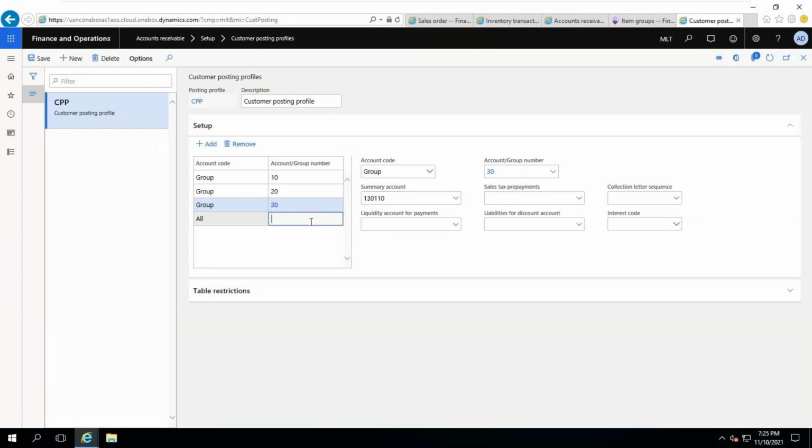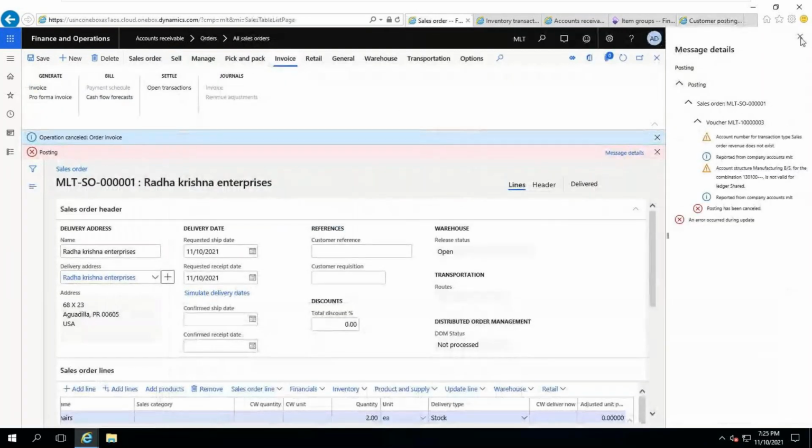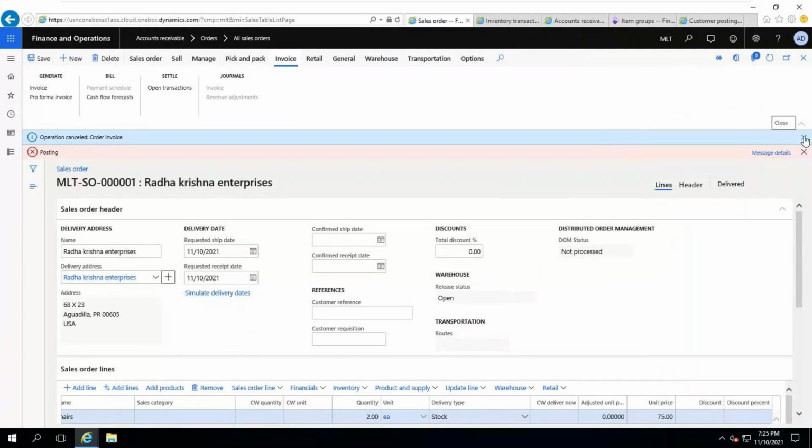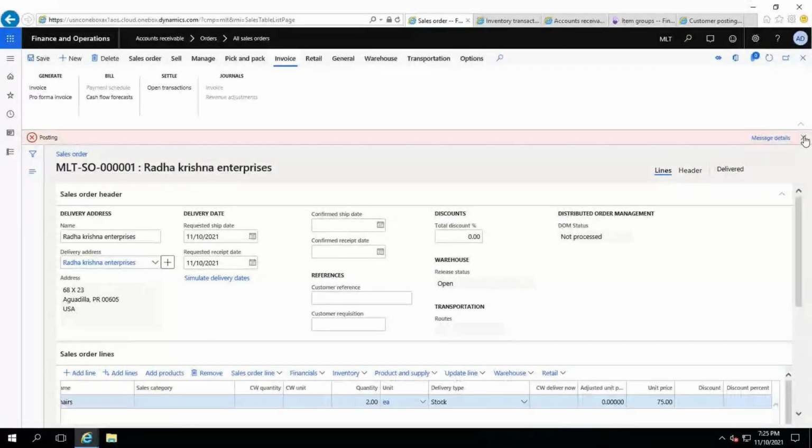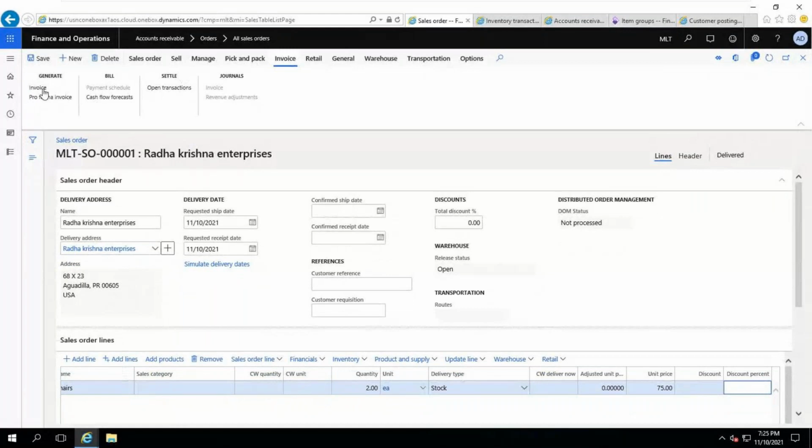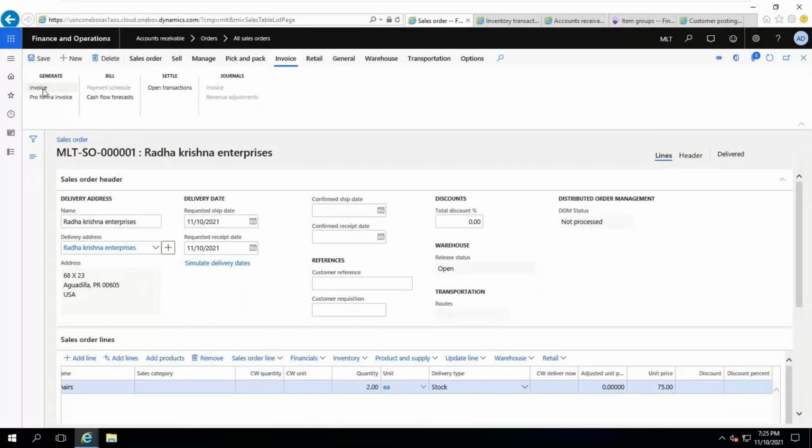Fine. So now, if I try to post without any errors, it will be posted. Let me try to post. So this company creation process, purchase order, sales order, whatever you have learned till now, at least you need to practice 10-15 times, 20 times, 25 times.